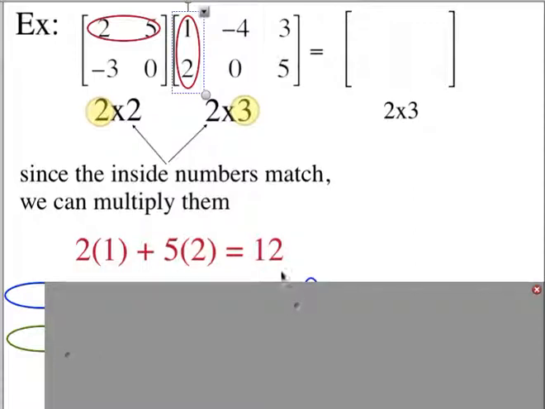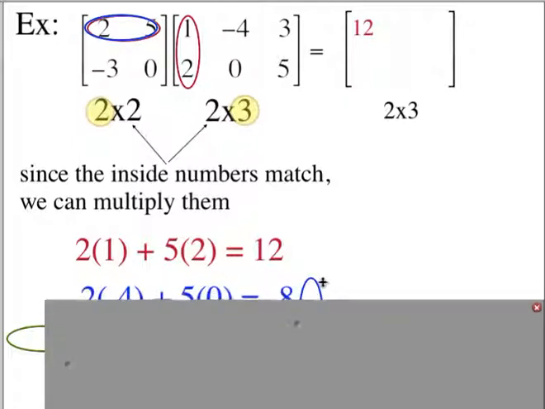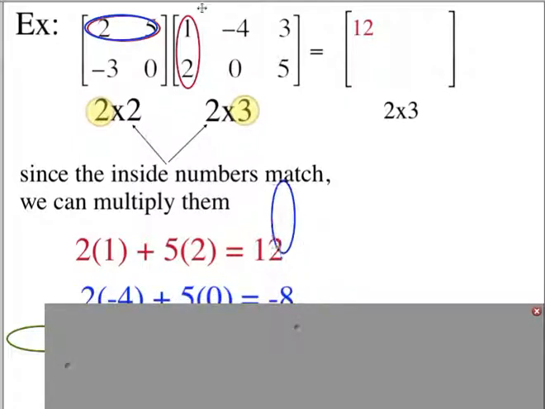2 times 1 plus 5 times 2 is 12. Since I was dealing with the first row and the first column, I'm going to put my number in the first row and the first column, and there is the 12. Now I'm going to move over a column. I stay in the top row of my first matrix, but move over to the second column, and do the same thing: the first entry times the first entry plus the second times the second.